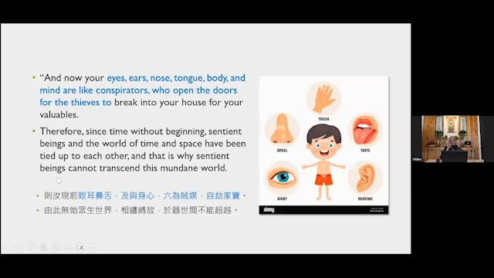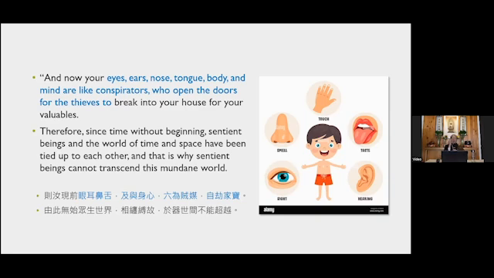Now, the main key role in untying the knot is actually our 6 organs. The majority of our afflictions come from our 6 faculties. And why is that?